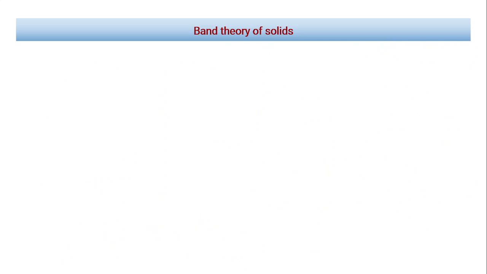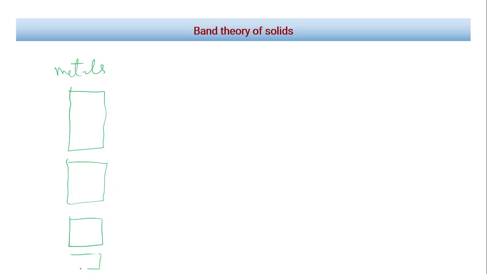And then what happens for metals? For metals, as I said, we have many energy bands, and it depends on the atomic number, because the higher the atomic number, the more electrons there are.